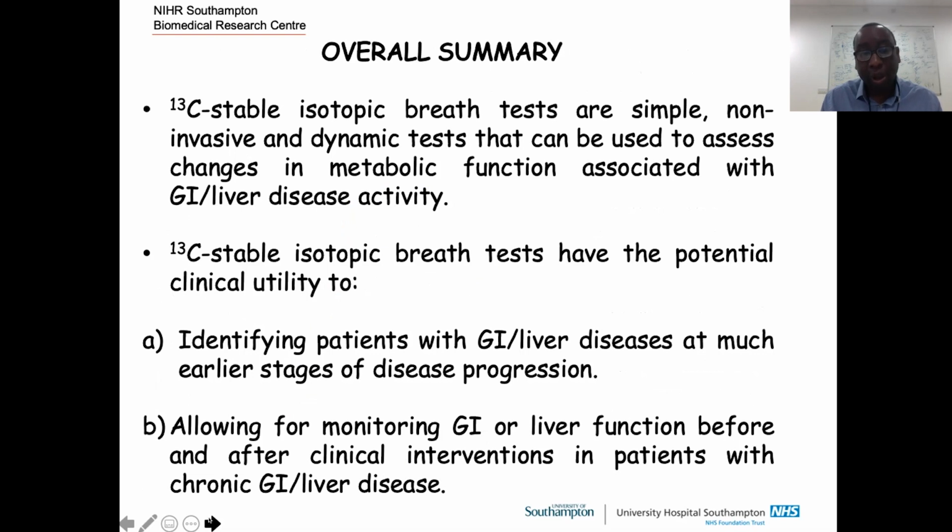And also, 13C stable isotopic breath tests have the potential clinical utility to, A, identify patients with GI or gastrointestinal and liver disease at a much earlier stage of disease progression. And also, these tests could allow for the monitoring of GI or liver function before and after clinical interventions in patients with chronic GI and liver disease.